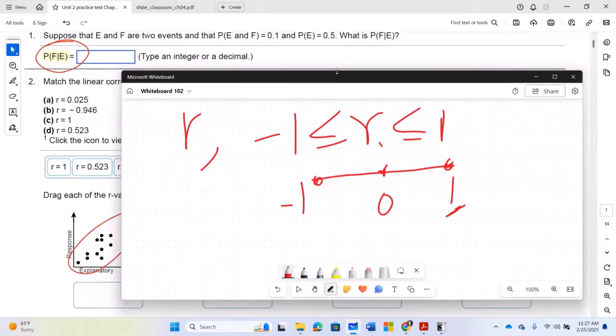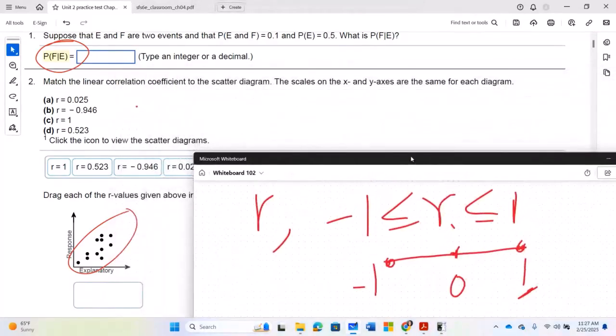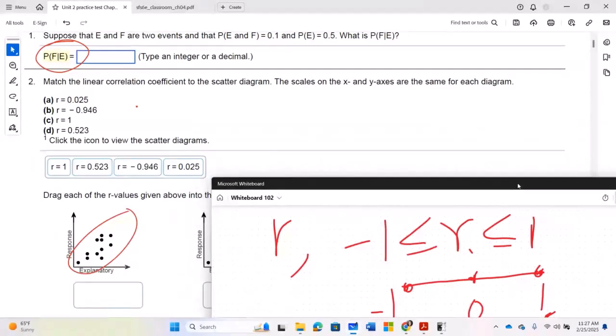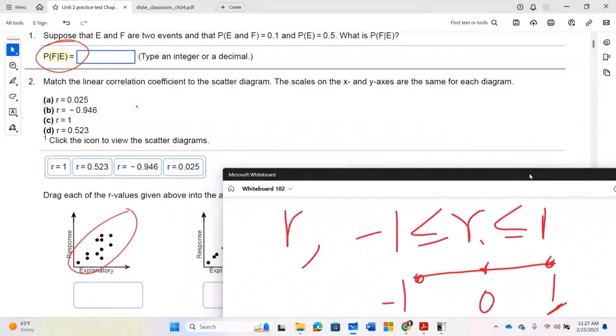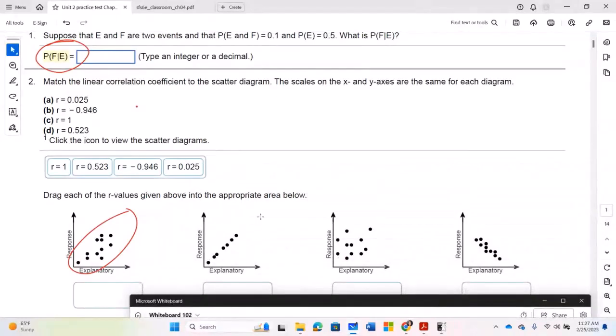Okay, so let's try and answer the question on matching the linear correlation coefficient with the scatter diagram. Let's look at the scatter diagram. When r is equal to 1, it means perfect positive linear relationship. This is exactly r equal to 1.